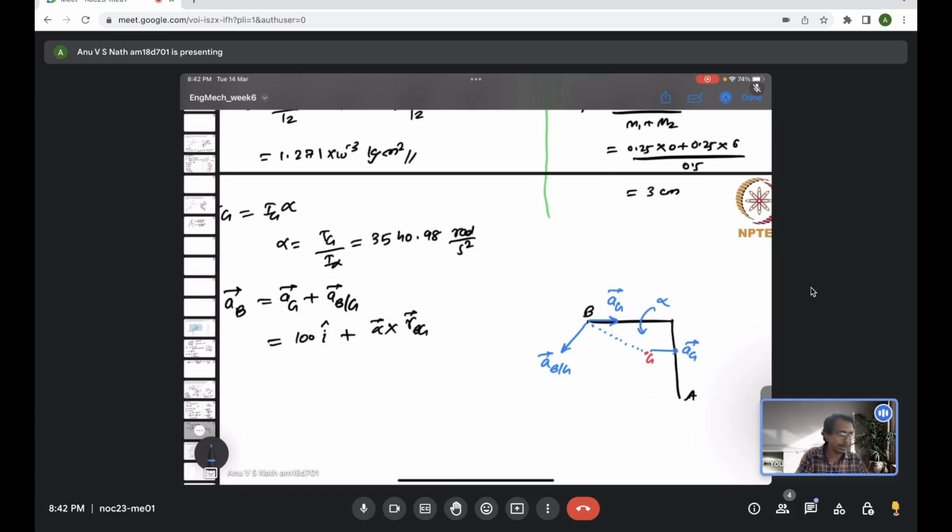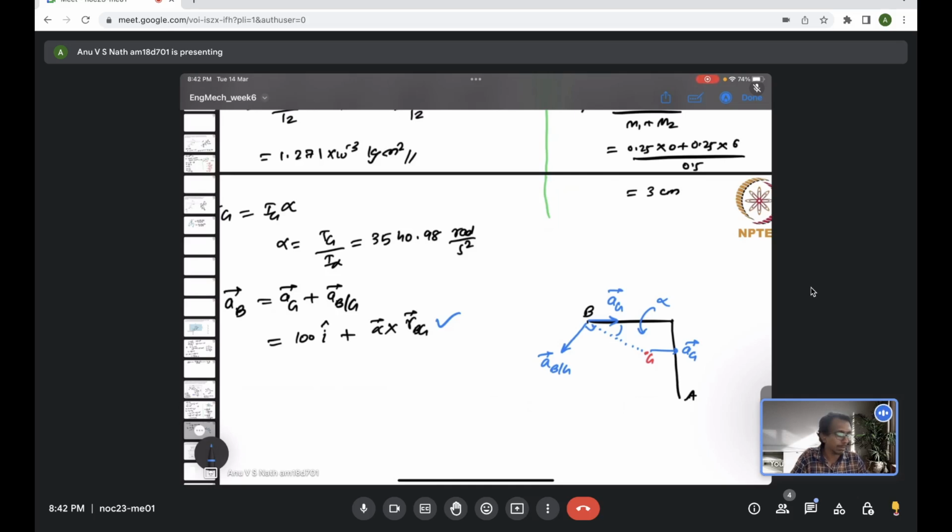So now you have to take the vector sum of both, and you can see they are not in the same direction. This angle is theta, and this angle you can evaluate because the dimensions are given. Either you use this expression, or you can just pictorially find the direction and do the vector sum of both values.